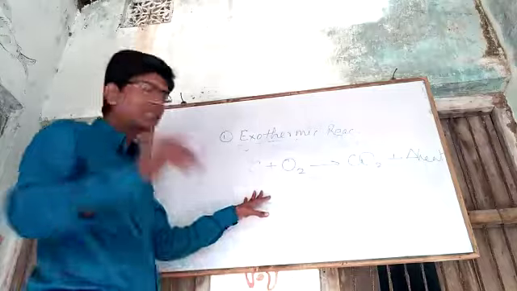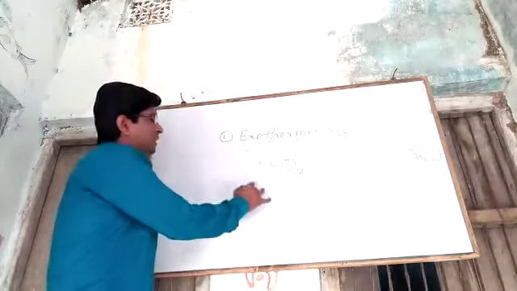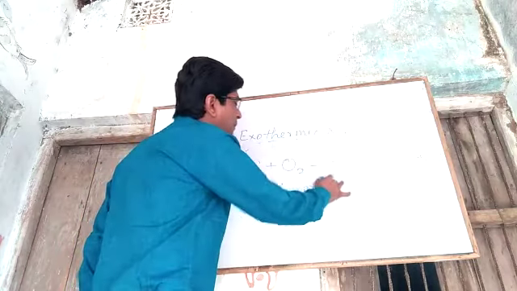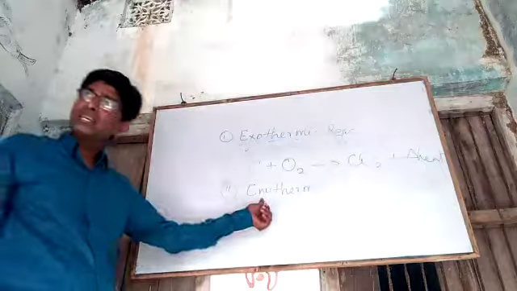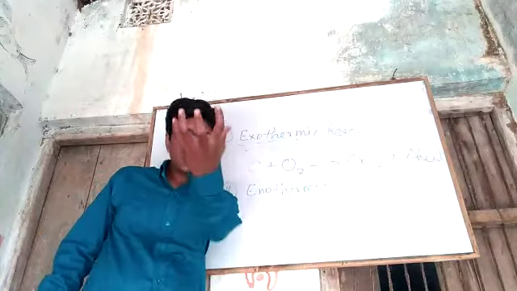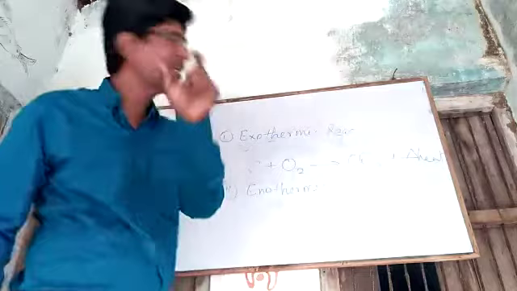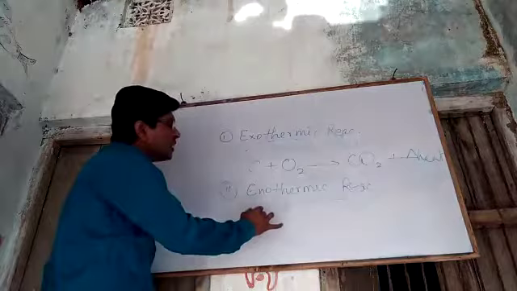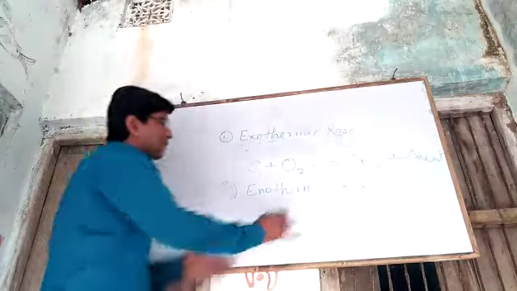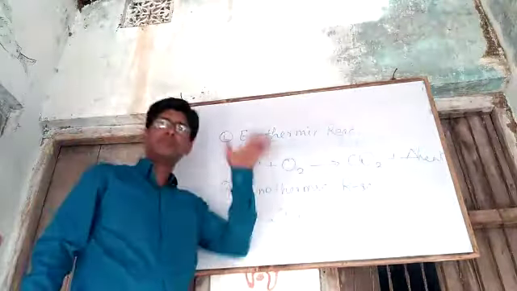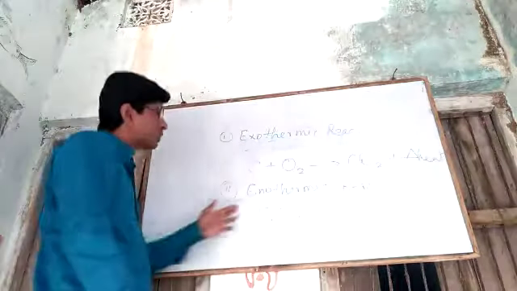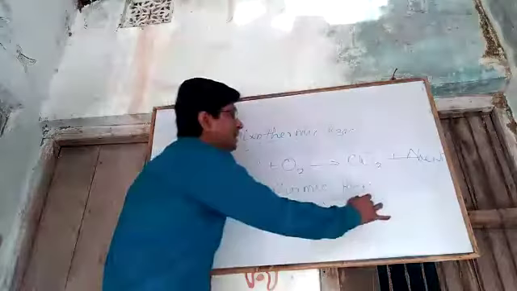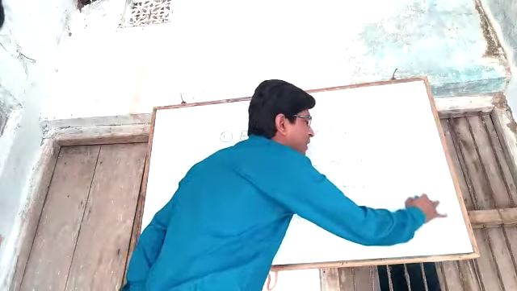Now we are taking an example of the second type, endothermic reaction. As the name tells, endo means in and therm means heat. So the reaction in which heat energy is absorbed is called endothermic reaction. Once again, another example: when calcium carbonate, this is the formula of lime and marble and so many other things, is heated, it gets broken down into calcium oxide and carbon dioxide.